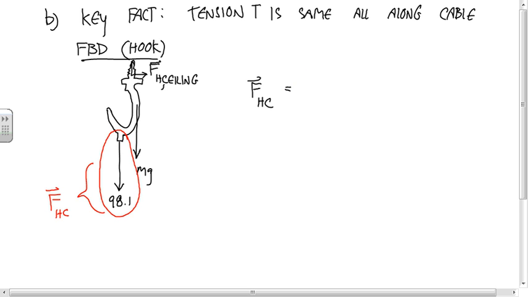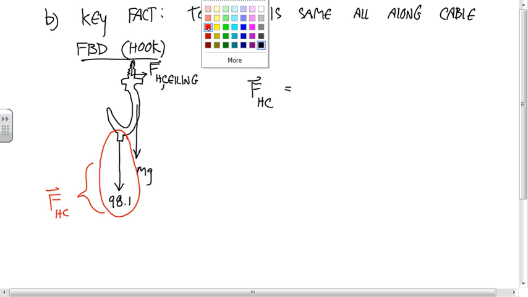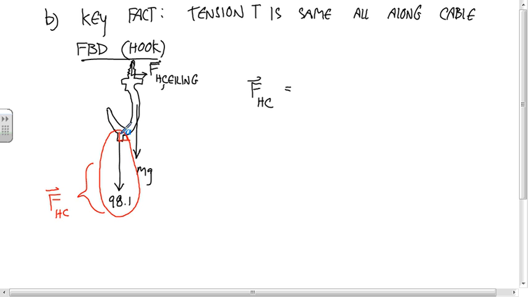what would the angle be for this if you were going to use cosine and sine? You'd have to go all the way around to 270. You have to put the tail of the vector at the origin of the coordinate system.